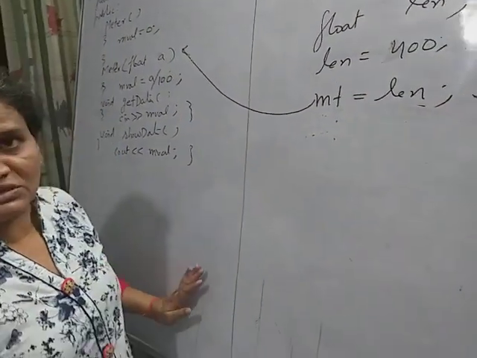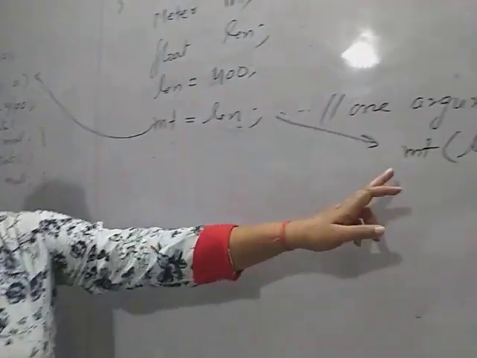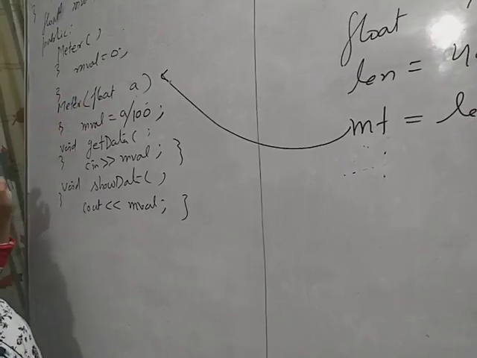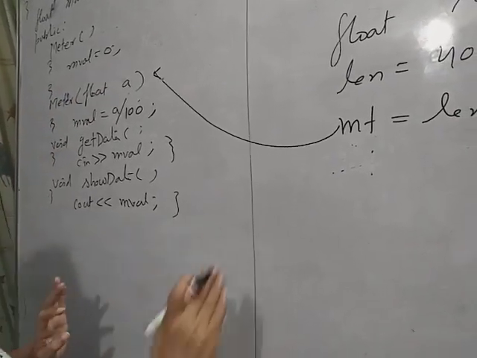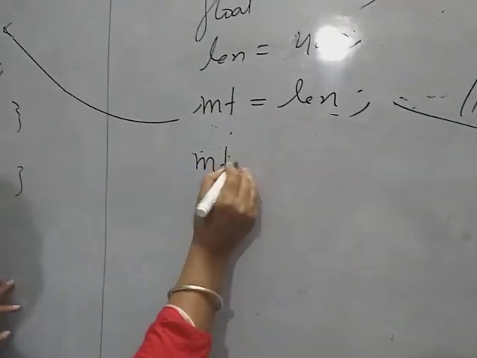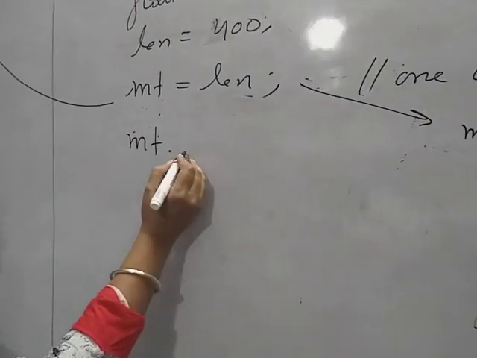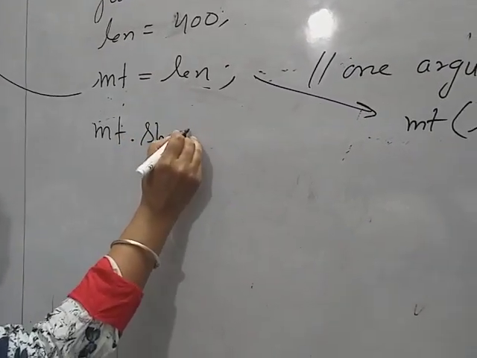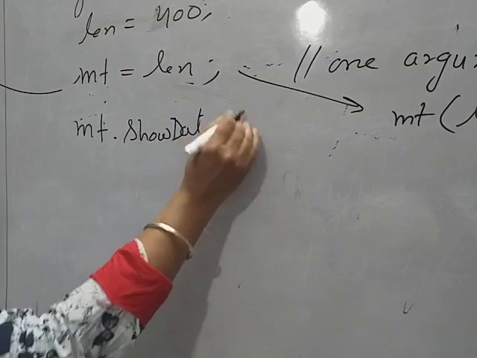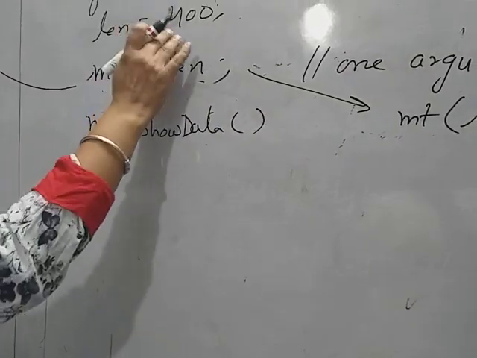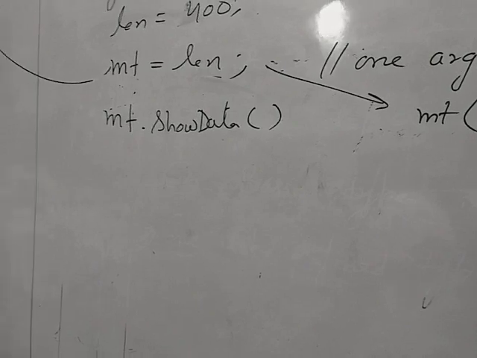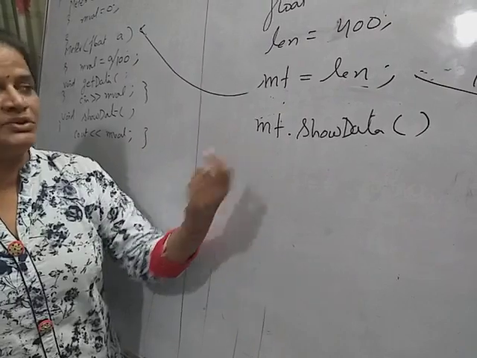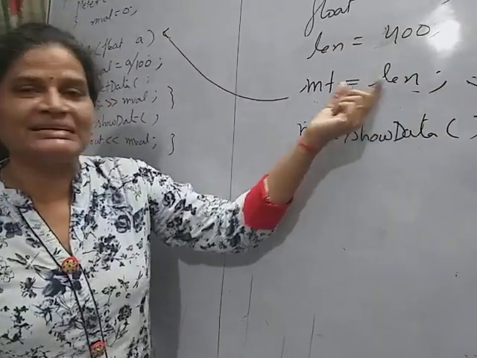Here the assignment operator is not overloaded, so it simply checks the one argument constructor in the Meter class, and a is converted into meter. Now if we call mt.show_data, suppose len is 400, 400 by 100, so it will print 4.